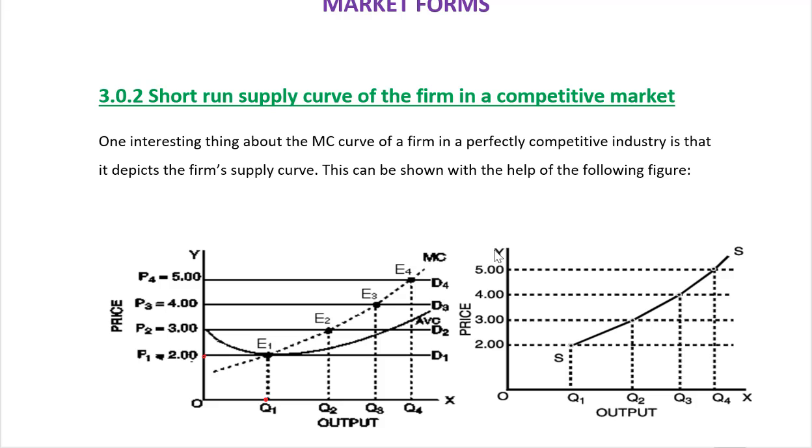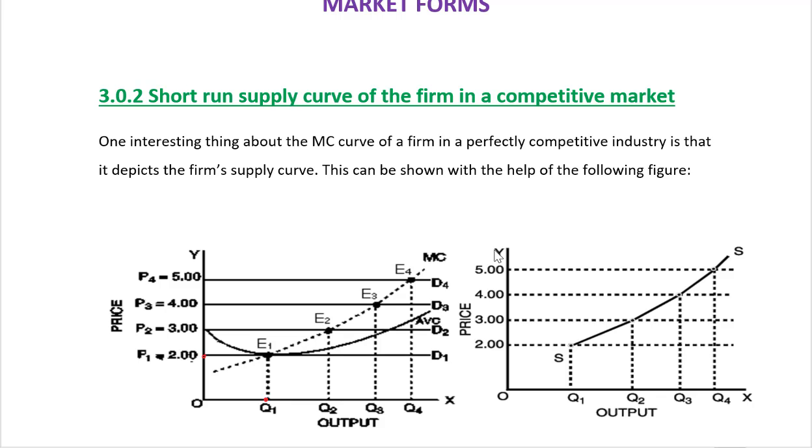When the price moved from 2 rupees to 3 rupees, the quantity supplied shifted to OQ2. At price OP3, the quantity supplied was OQ3, and at price OP4, the quantity supplied was OQ4.